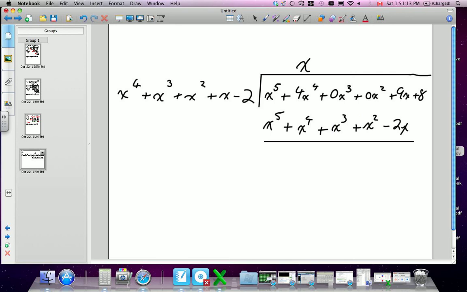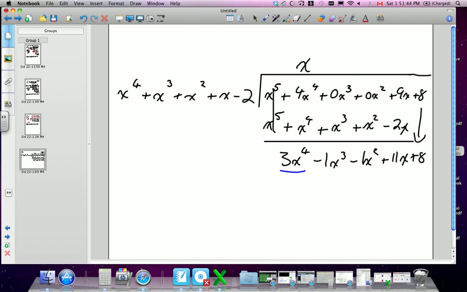We subtract now. This becomes 4 minus 1, which is 3x to the power of 4. 0 minus 1, negative 1x cubed. 0 minus 1, negative x. And 9 minus negative 2 is positive 11x. Bringing down the 8.